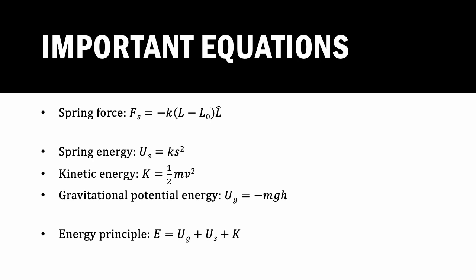Kinetic energy is 1/2 mass times velocity squared. Gravitational potential energy is mass times height times 9.8, which is the gravitational constant. The energy principle is that the total energy equals gravitational potential energy plus spring energy plus kinetic energy.